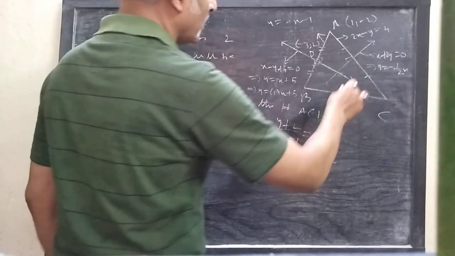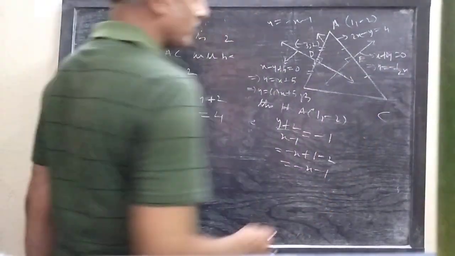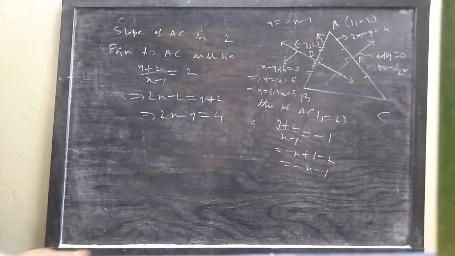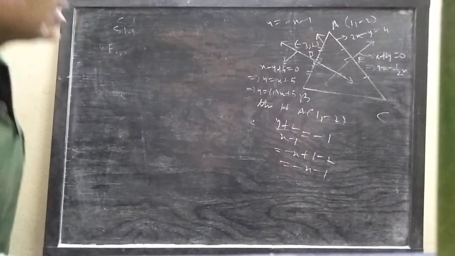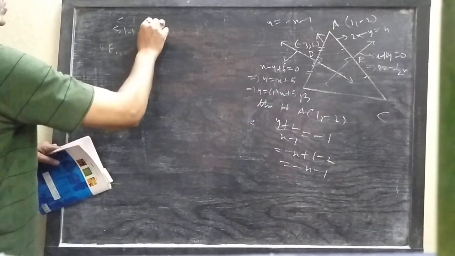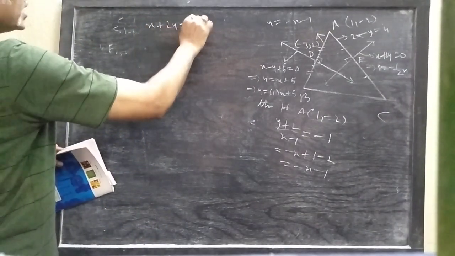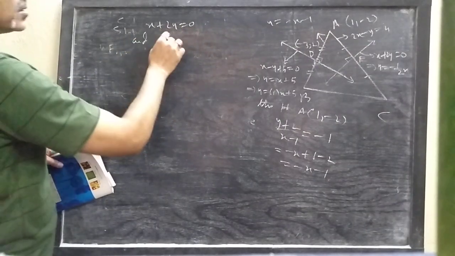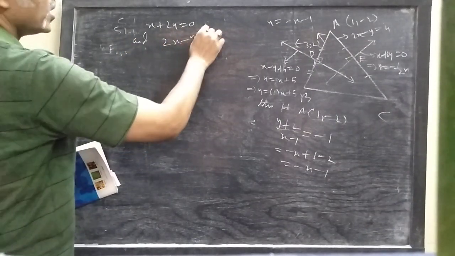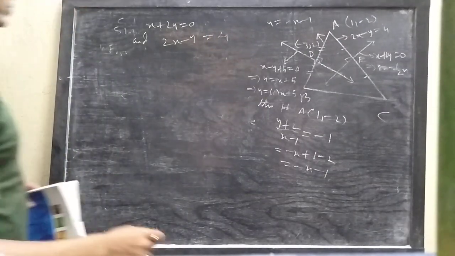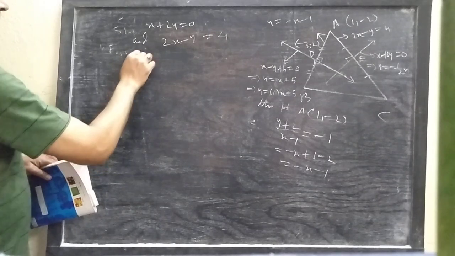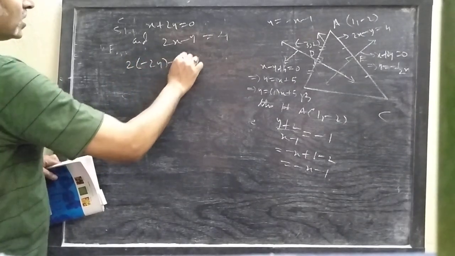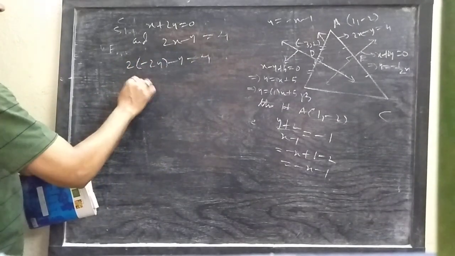Now just solve them and we will get the coordinates of the point E. To get the point of intersection E, let us solve the equations x plus 2y equals 0 and 2x minus y equals 4. For this, just substitute x equals minus 2y here. 2 into minus 2y minus y equals 4.